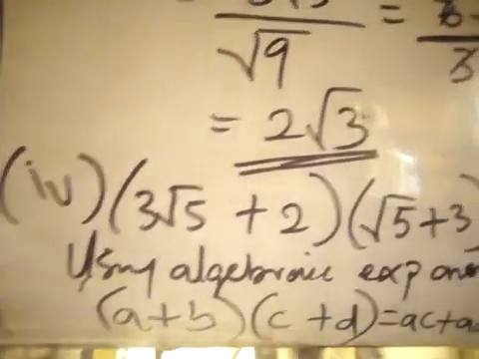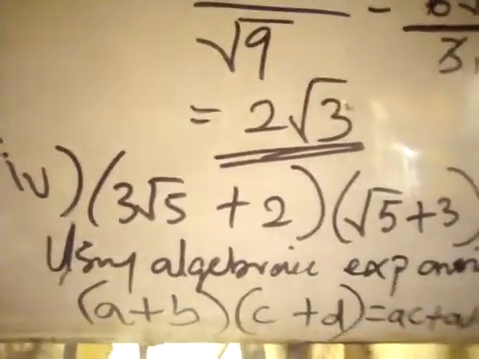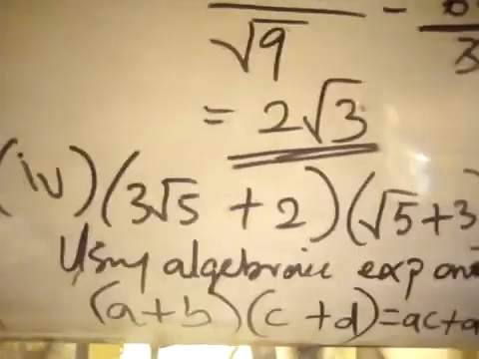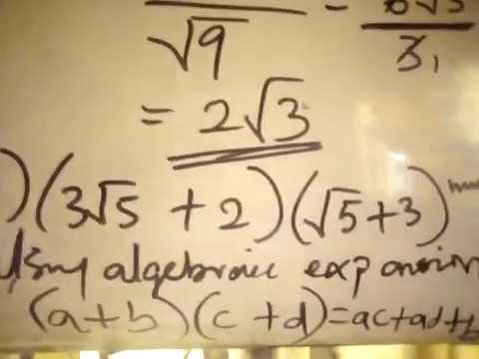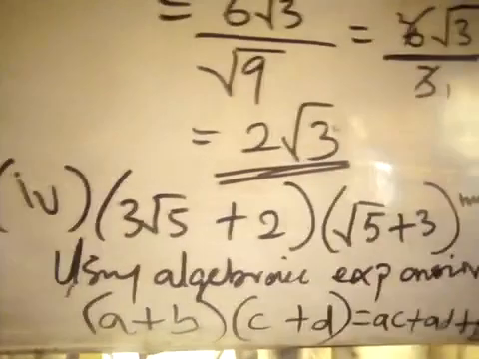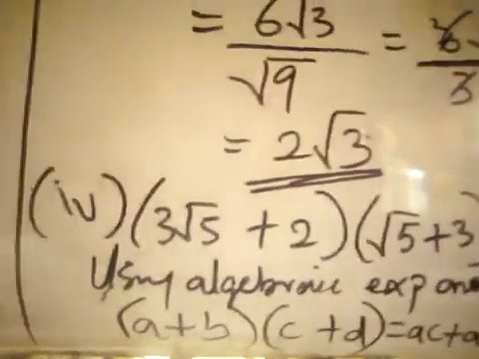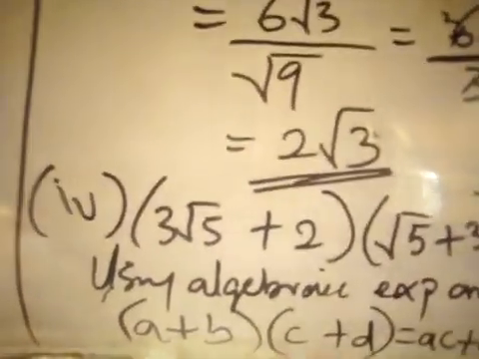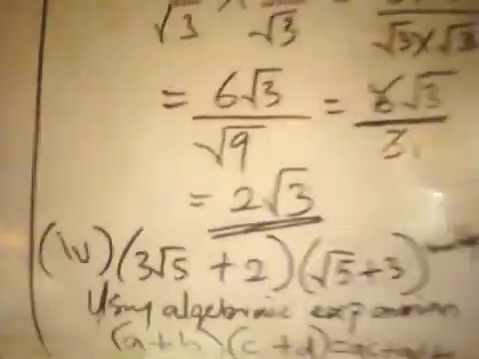This times this will be BC, plus B times D, which is BD. So that is how you expand an algebraic expression. Do you understand now? It is the same thing that we'll be using in resolving that.